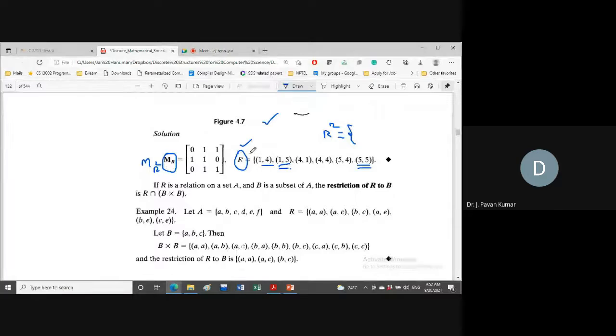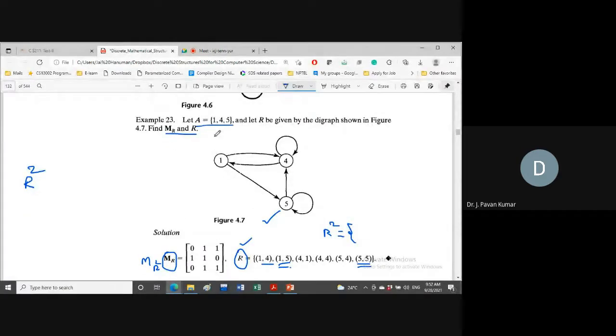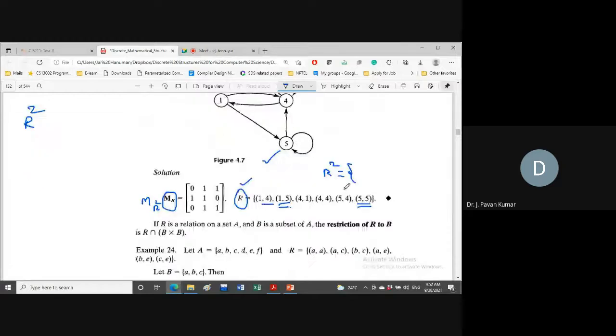See here in the digraph representation also, 1 to 1 we don't have a directed edge, so we cannot claim it. But 1 to 4, 4 to 1, that is the justifiable reason, so we can have 1 comma 1 in R2. So now, if you know R2, these are the tuples which we have in R2, then can we write MR2? Yes or no?